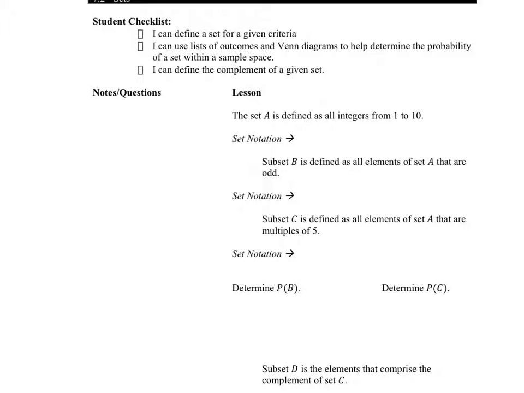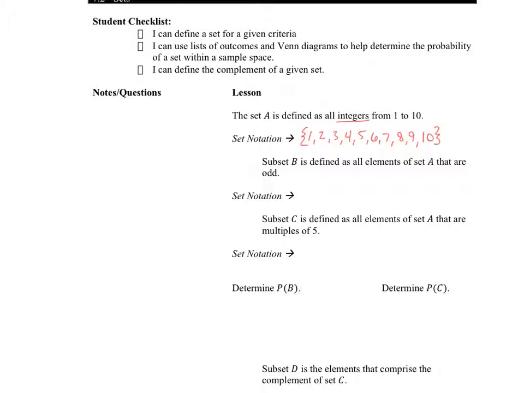Well, I could list out all the things that are going to be in A: 1, 2, 3, 4, 5, 6, 7, 8, 9, and 10. Those are all of the integers between 1 and 10. I'm not going to put 9.2 in there because remember, these have to be integers. Set notation is just a list of all of the things that are a part of a set with these brackets around it, indicating that that is a set. That is A, the set A.